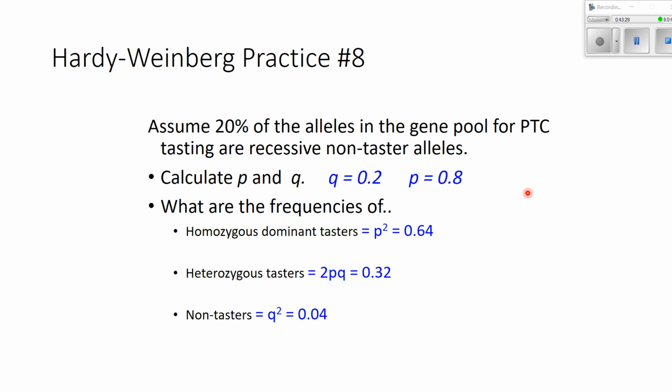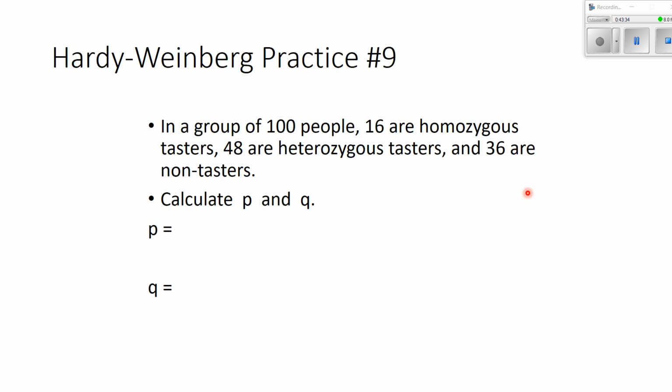Everything else is based off of that. And hopefully you're starting to get the flow here. All right. Ooh, another little wrinkle here. This was a little different. It says in a group of 100 people, so this is not alleles, this is organisms, individuals, people. 16 of those 100 people are homozygous tasters, 48 of them are heterozygous tasters, and 36 of these people are non-tasters.